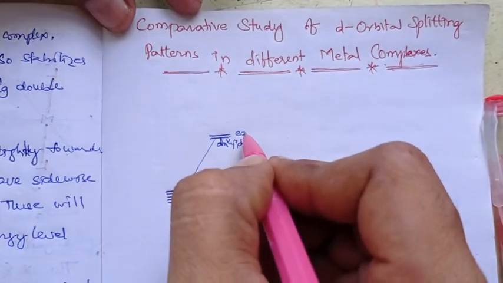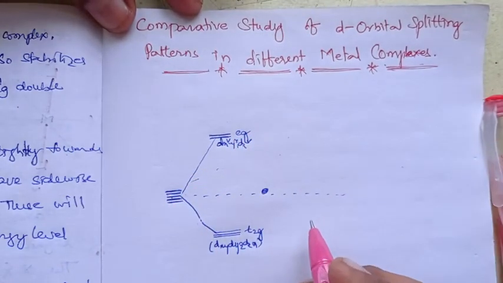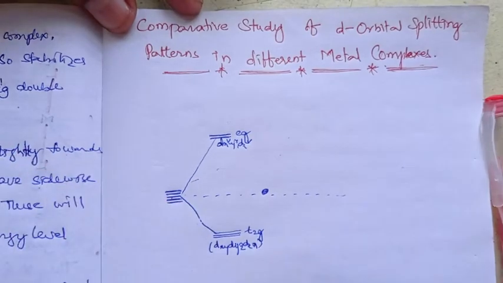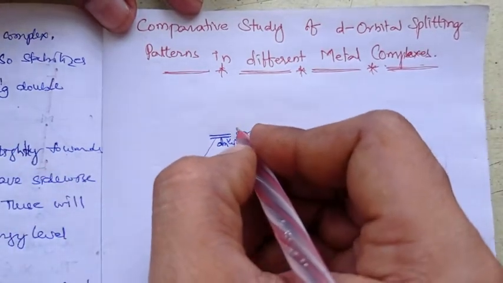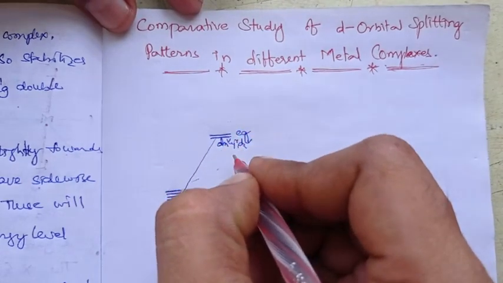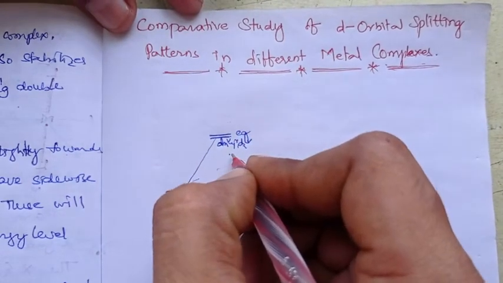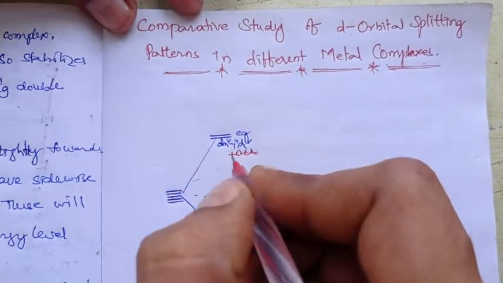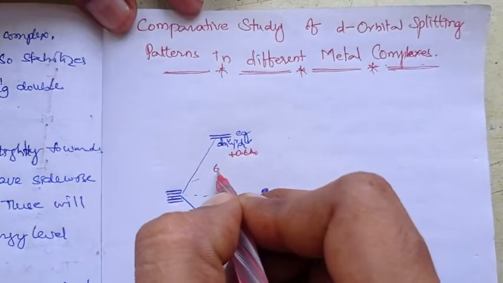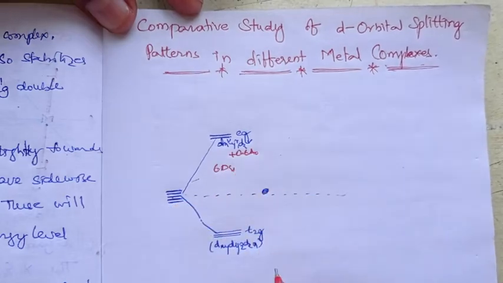The excited orbitals generate the Eg energy state, at plus 0.6 delta naught, which can also be expressed as 6 Dq.